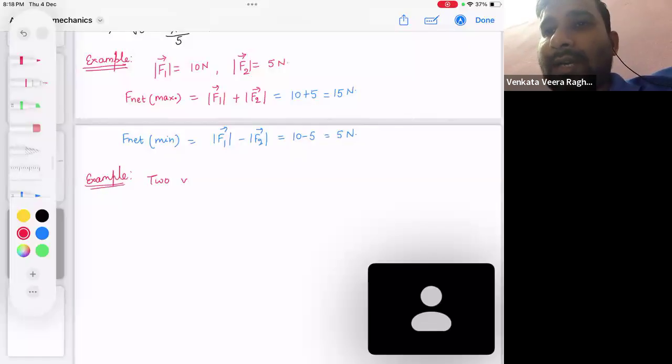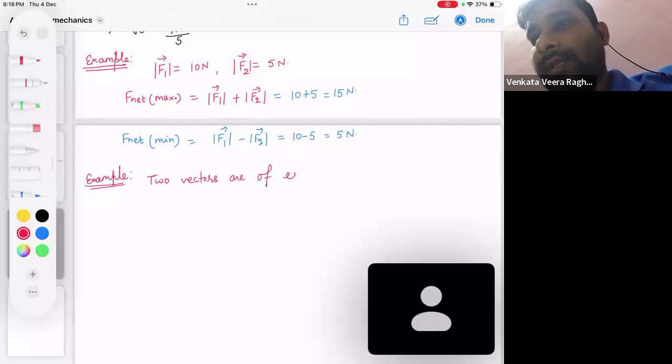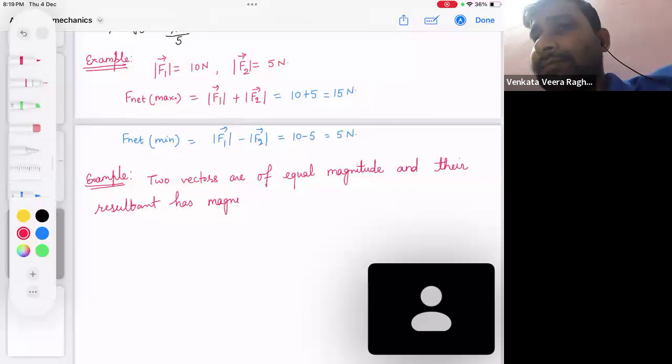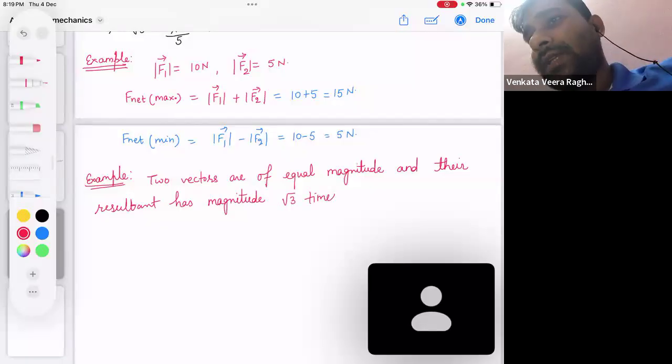Two vectors are of equal magnitude, and their resultant has magnitude root 3 times one of the vectors. Understood?